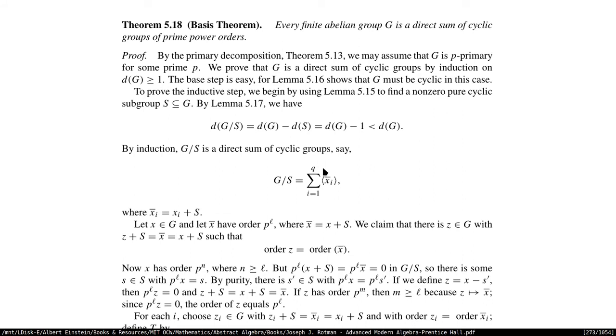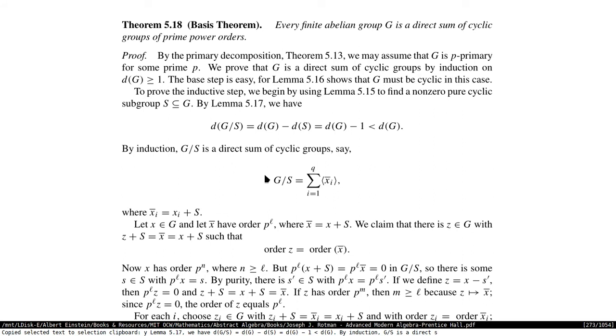So it's 1. So D of G minus 1 is less than D of G. Yeah, that's great. That's the dimension for G mod S. By induction, G mod S is a direct sum of cyclic subgroups. Alright? We've seen that, yeah.